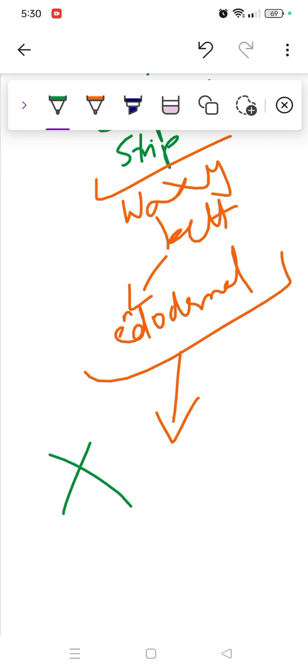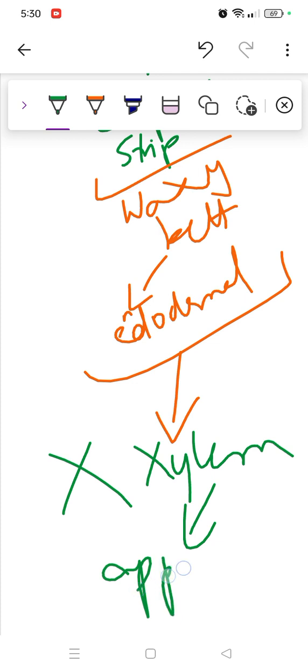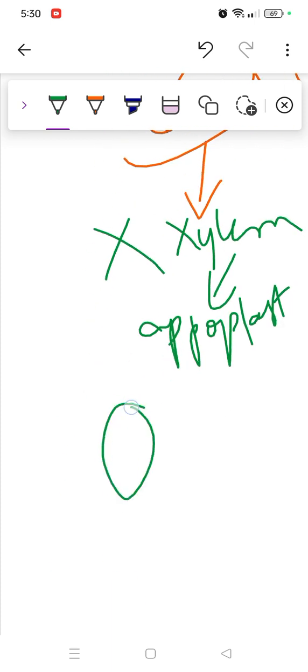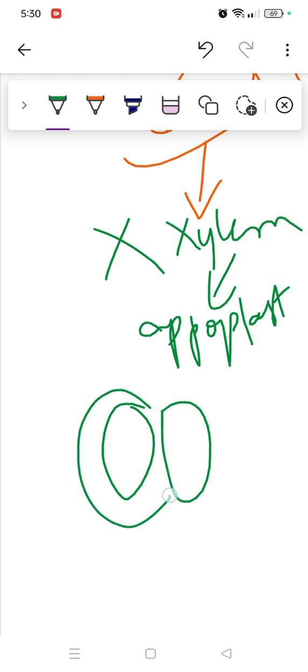So we have another route for that, the xylem, via the apoplast, a process that takes place only through the cell wall. This is the cell wall, so they go directly like this.